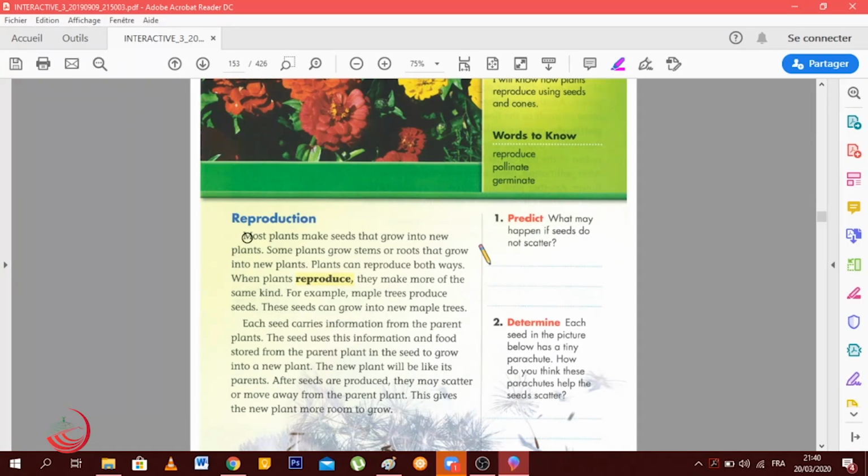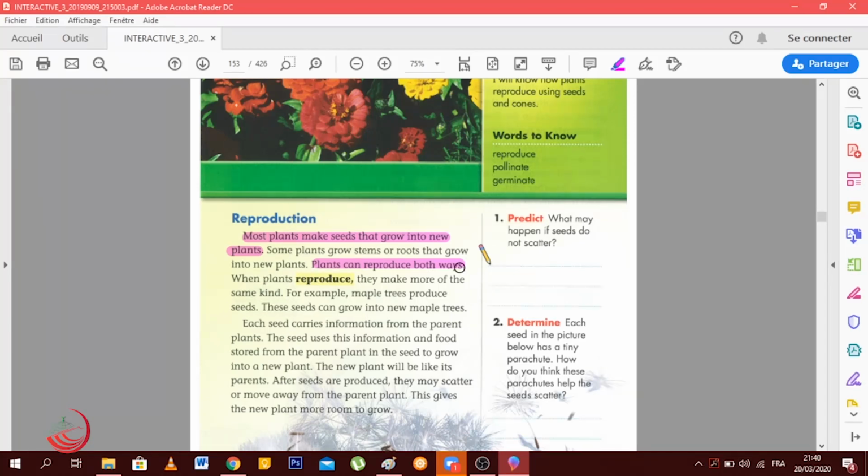So the plants make seeds, and these seeds are the part of the plant that grow into new plants. Some plants grow stems or roots that grow into new plants. So plants can reproduce both ways.